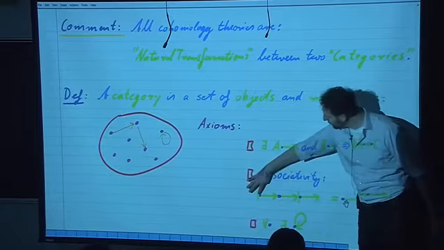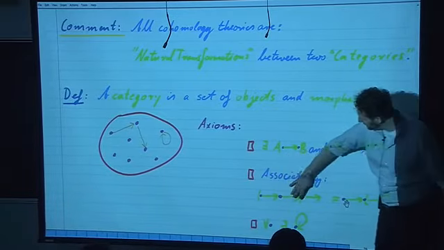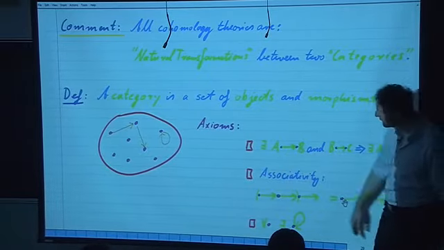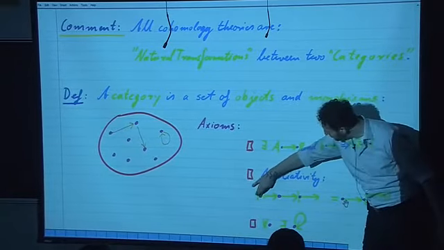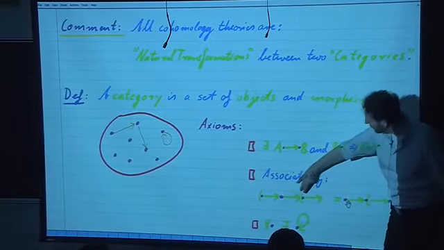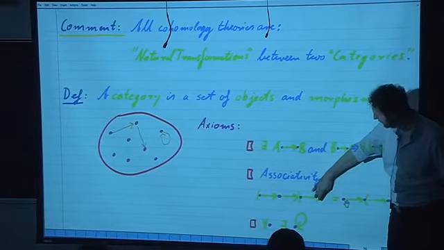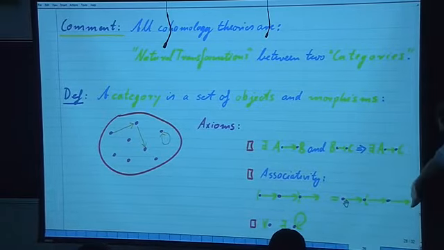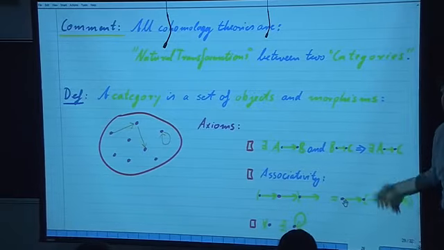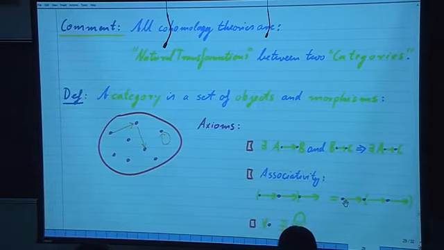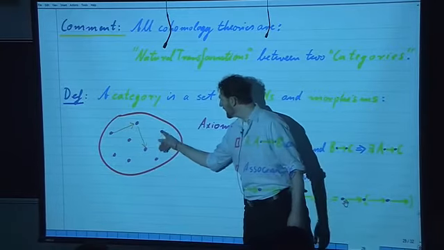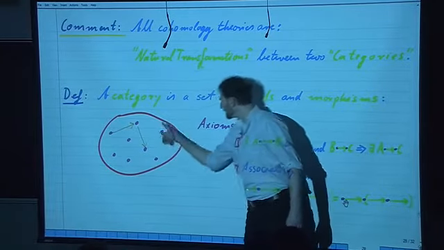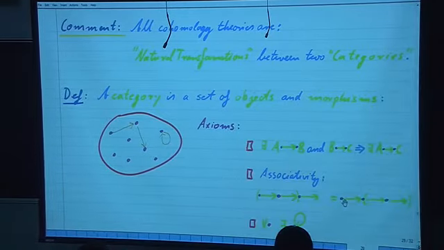If you have an arrow from A to B, from B to C, from C to D, then if you combine those two arrows, you get one arrow that gets you right here, and then you combine it with that. You should get the same arrow as if you first combine these and then that one. It should be associative in that sense. And we also want that every point here has an arrow emanating from it that goes back to itself.